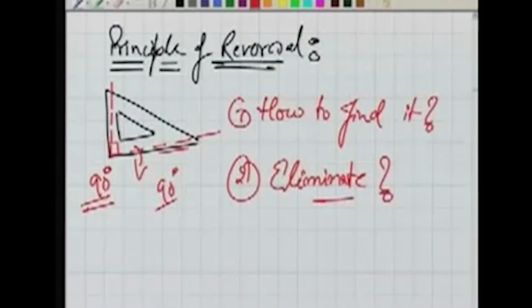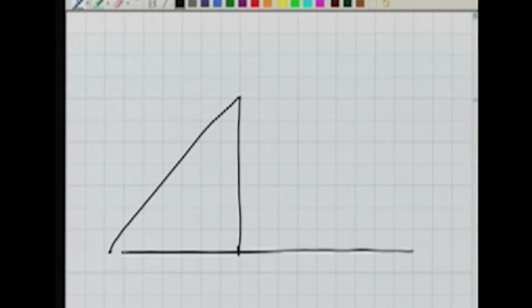Well, the answer lies, let's say we have a straight line here. I keep my set square over here. That's the set square. Now, if the set square angle is 90 degree, let us assume that this is 90 degree, and I now rotate my set square. Rotate means I take this side over here.